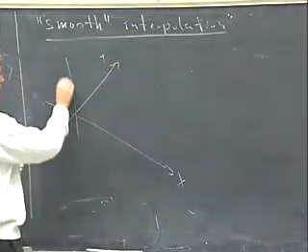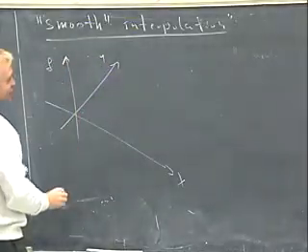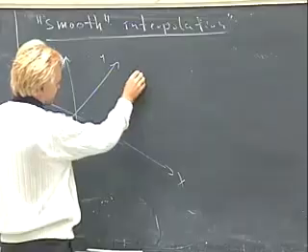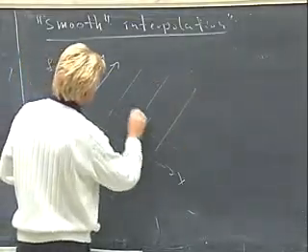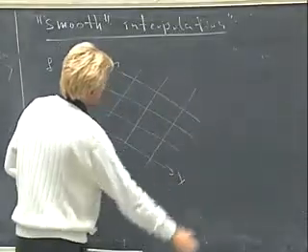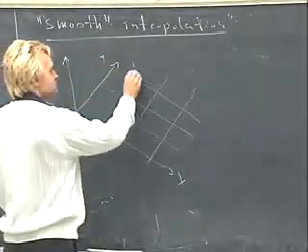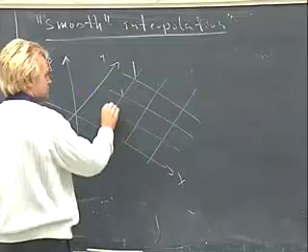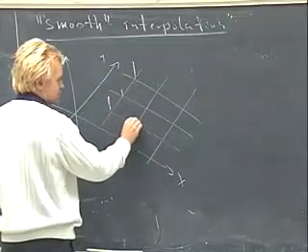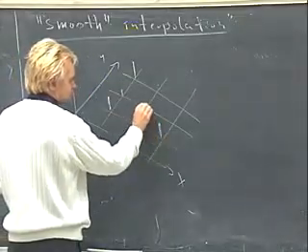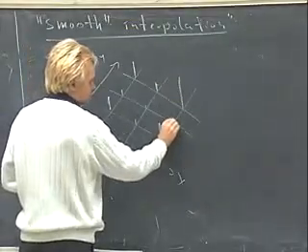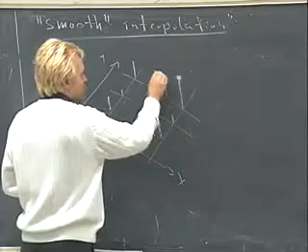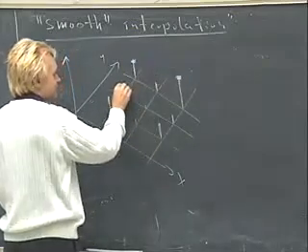I have my f, and I have a bunch of values sticking out of the plane. So these are the points that I want to interpolate.